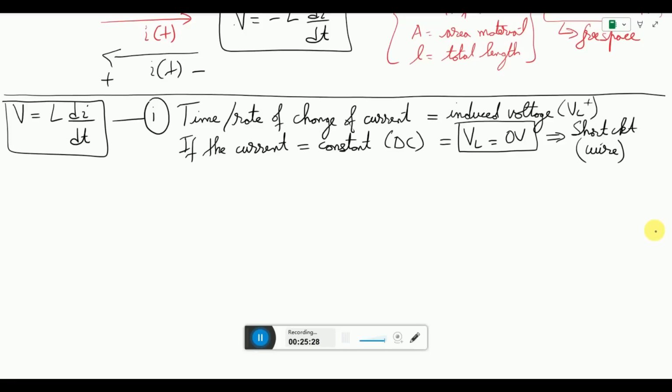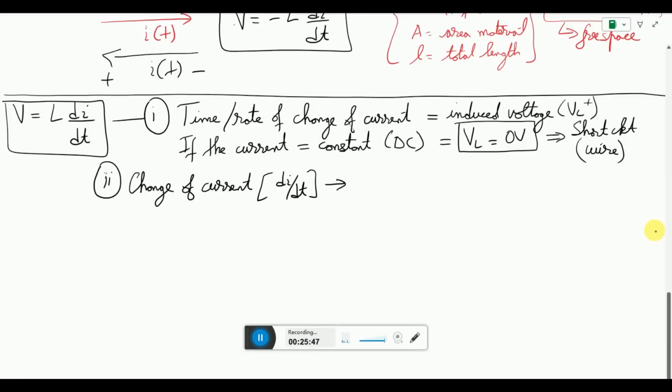The second important point for the inductor is that this change of current, di by dt, shouldn't change abruptly. The change of current shouldn't be abrupt, or it shouldn't change its value instantaneously.